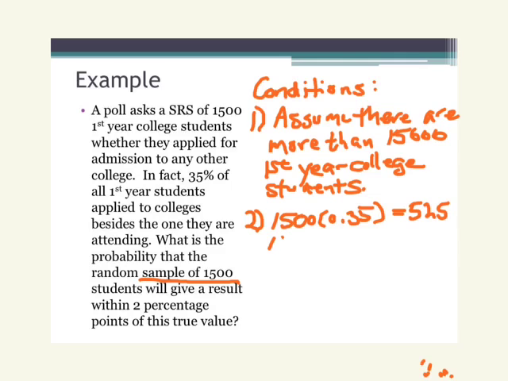And then 1,500 times 1 minus p, which would be 0.65, and that comes out to be 975, all right? Both of those numbers are greater than or equal to 10. And because they are, the normal distribution is appropriate.